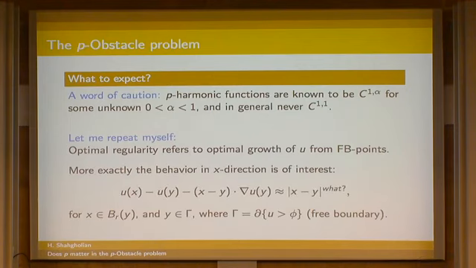Okay, so let me just repeat again. Here I'm looking at taking the function u of x and taking the linear part off. So that's basically the function phi at that point. And then I want to see how this goes. We always look at the free boundary point, because if we stay away from the free boundary, we already know that it is C^{1,alpha}, we don't know what alpha is.